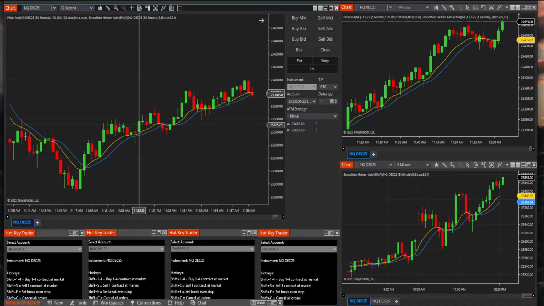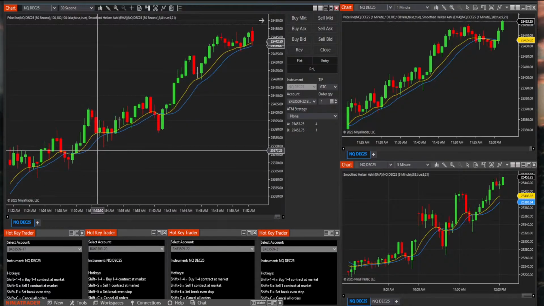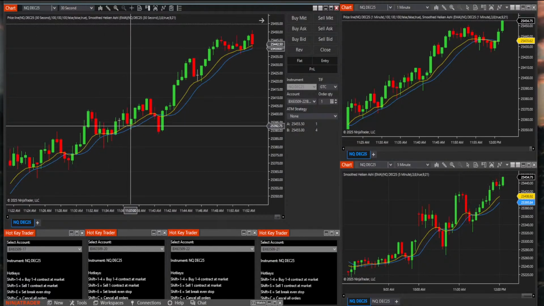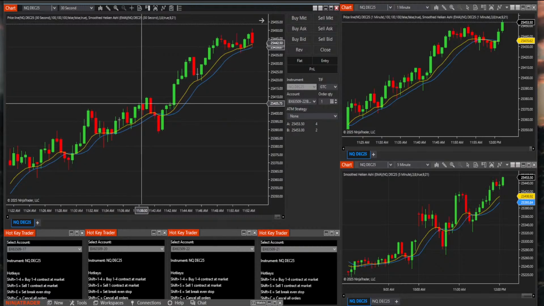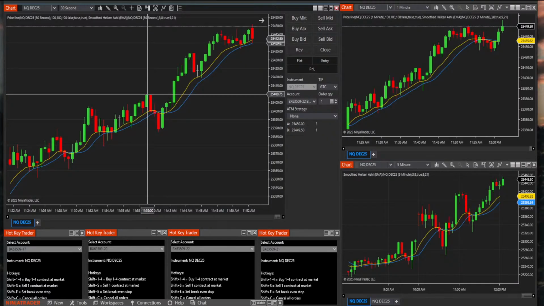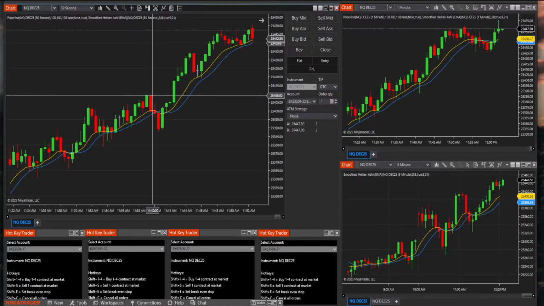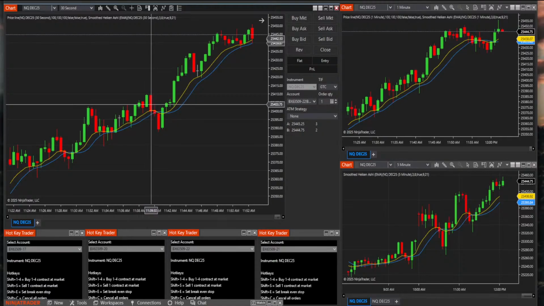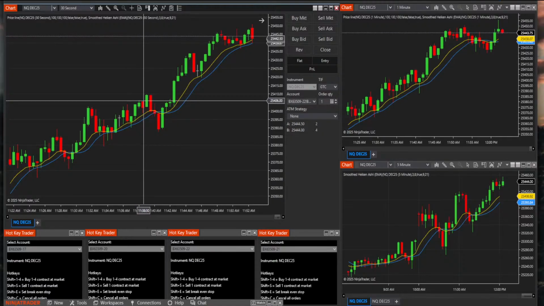Okay, let's say you get a pop, you get a pullback here. Let's say you want to engage it on the break of this high right here. You engage it, it breaks, it comes up, it goes from 06 to 09. That's 4 points. Maybe it didn't get to a break even. Then all of a sudden, it starts coming right back down to your entry point.